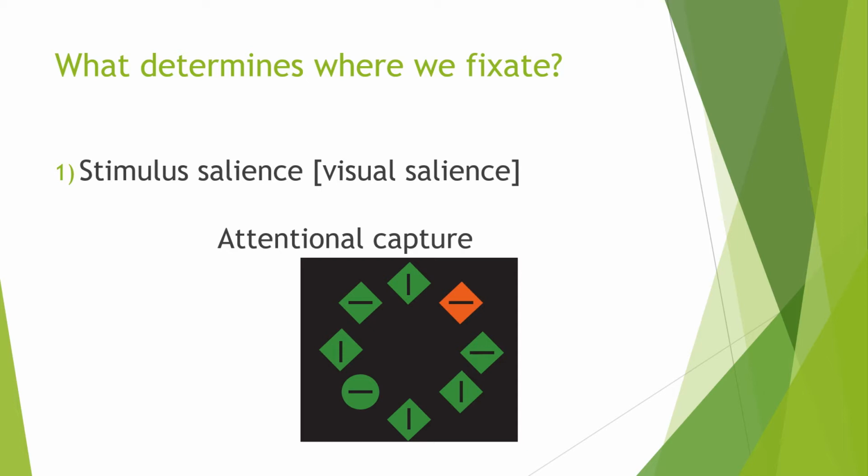They're faster to say that when there's no attentional capture. When there's this attentional capture of the red square, on average, people are slower to identify the orientation of the line in that circle.